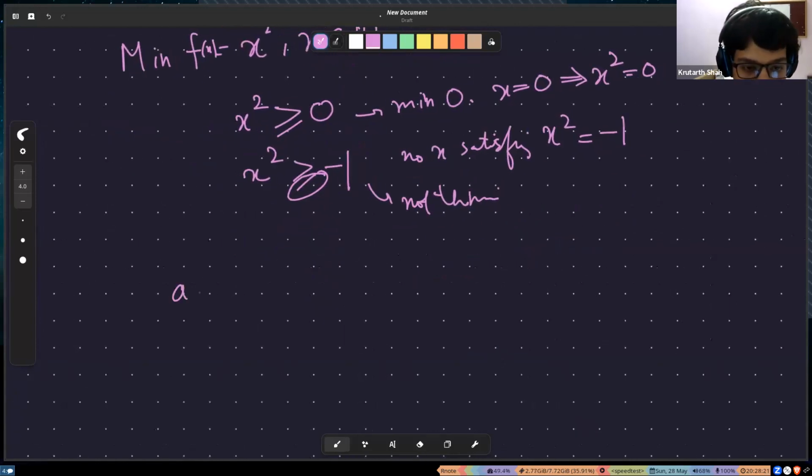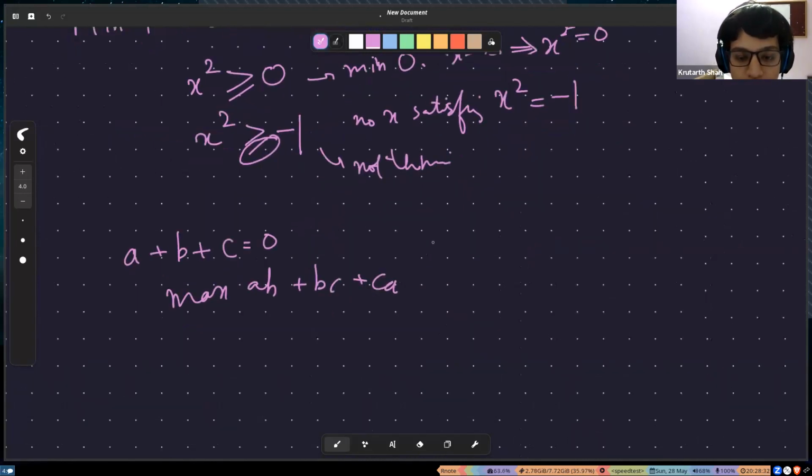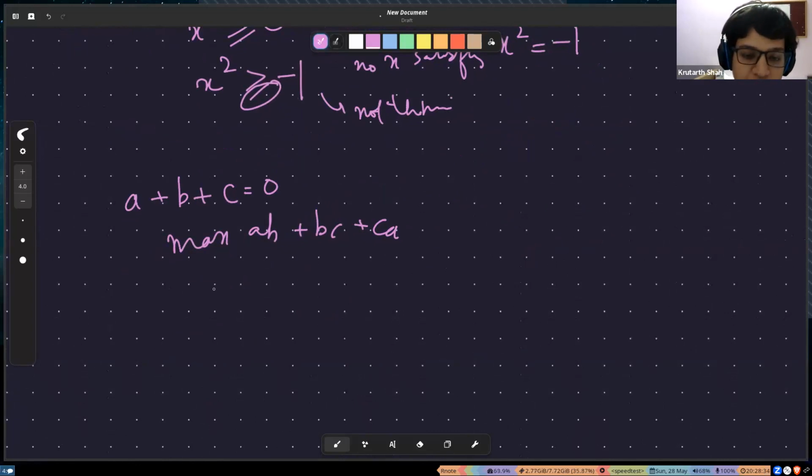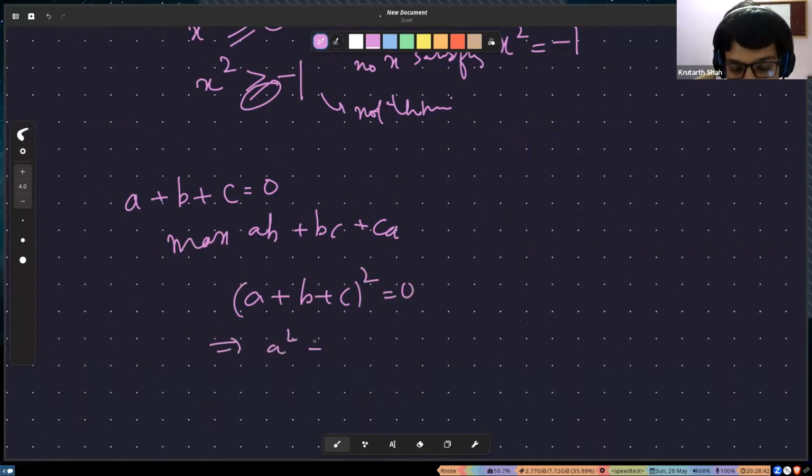So as an example, if you're doing a problem like a plus b plus c is equal to 0 and maximize ab plus bc plus ca, right? So in this case, most people would be able to get the bound pretty easily. They'd be like, okay, a plus b plus c whole square is 0.